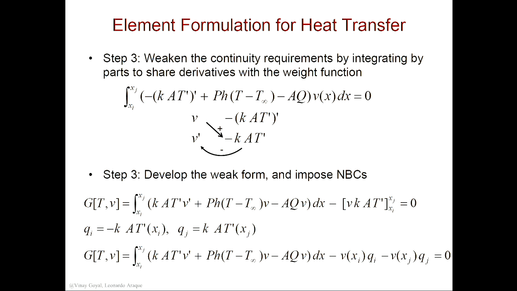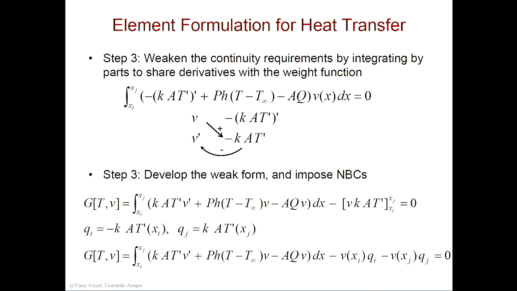What I've done is made qi to be minus k a T prime, and qj is k a T prime. We know that q is equal to this. You know this from Fourier's law. Just like in structural mechanics, force was related to EA u prime, if you recall. Just like that, here we have q related to k a T prime.